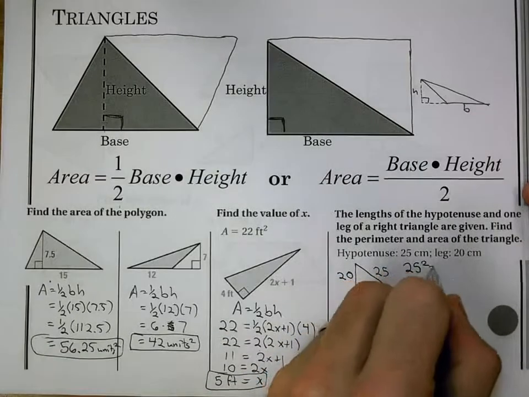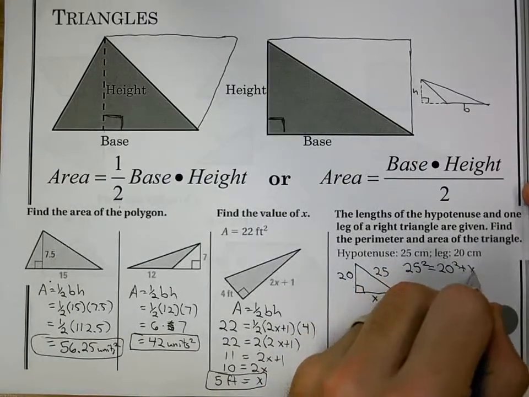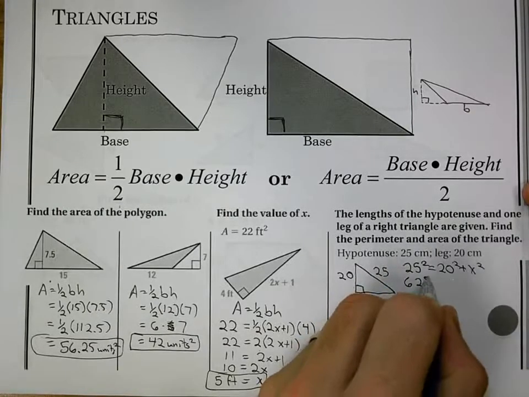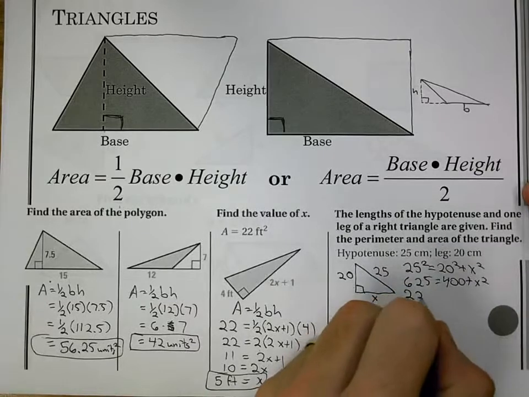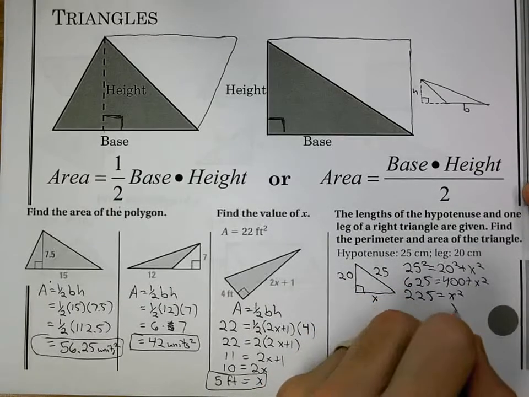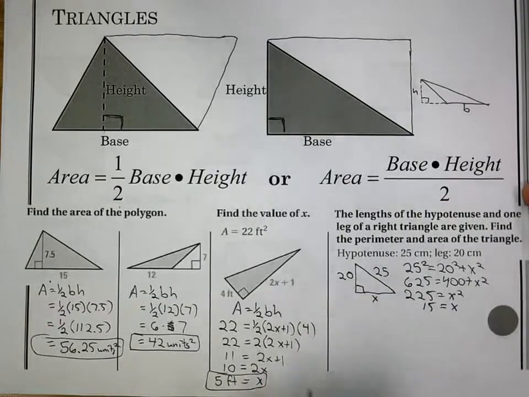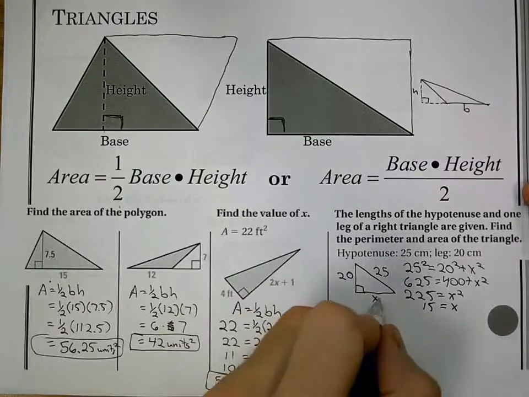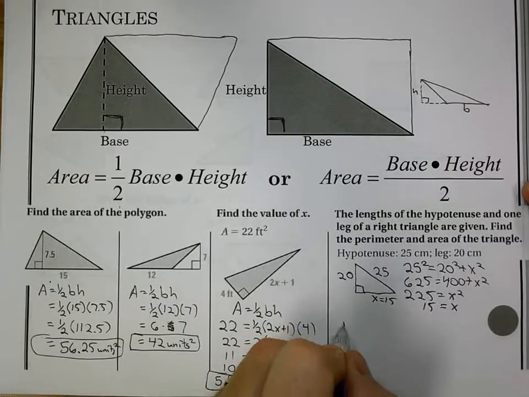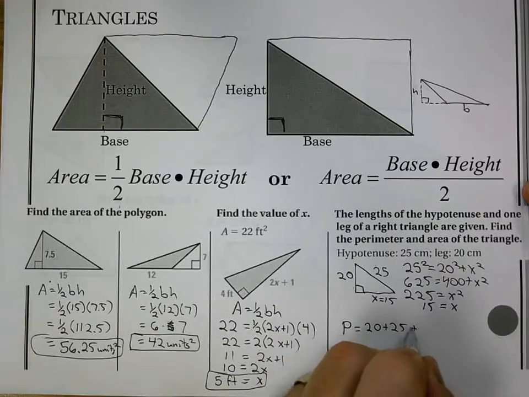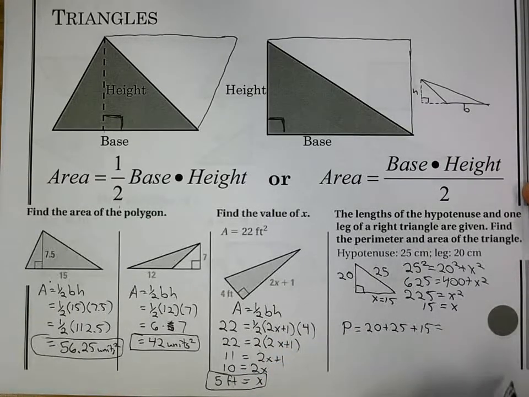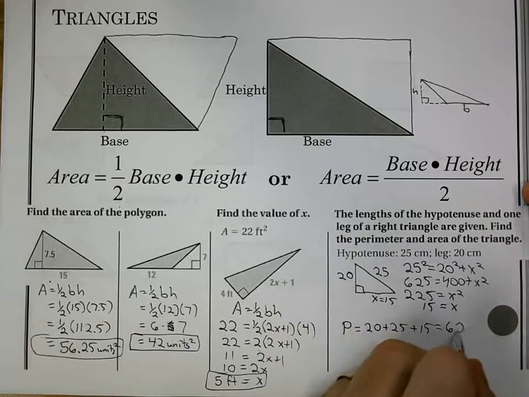So 25 squared equals 20 squared plus x squared gives us 625 equals 400 plus x squared. 225 equals x squared, so x is 15. So that's 15 now. I can find perimeter by doing 20 plus 25 plus 15, which gives us 60.